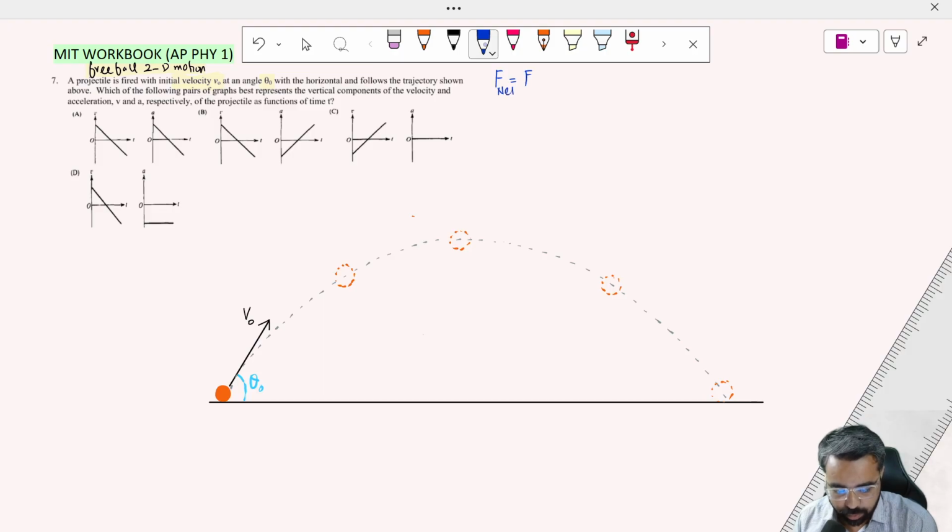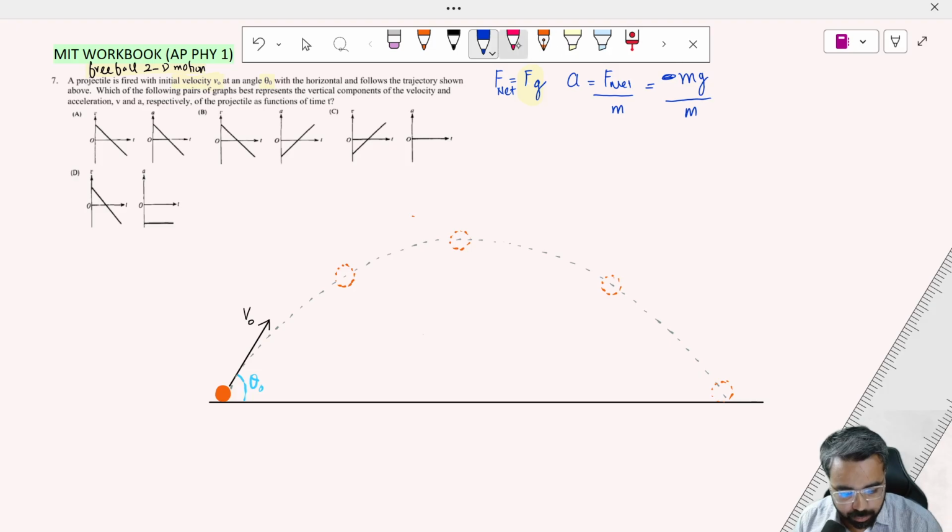So the net force is the force of gravity, and because we assume there is no involvement of air resistance, this is the resultant force, and that will produce what acceleration? That will produce the net force divided by mass, which equals negative mg, because this force is downward.